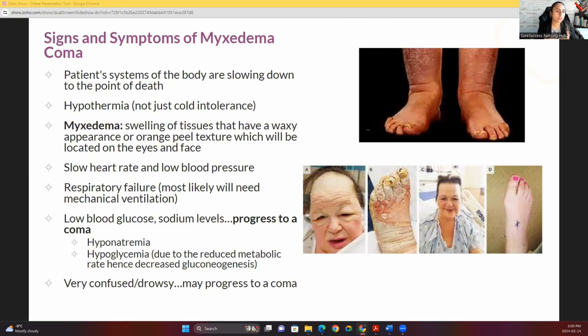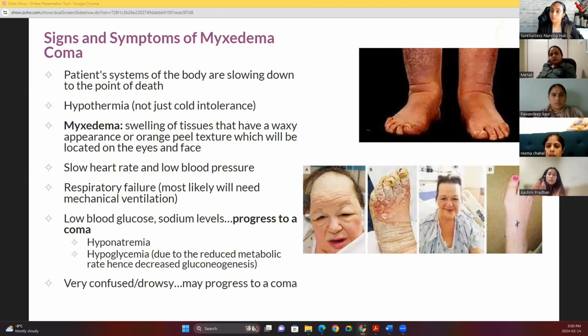So what is happening with the vital signs? We have done that. Hypothermia. For hypothermia, how will you treat the hypothermia? Use the nursing consideration. What are you going to do?